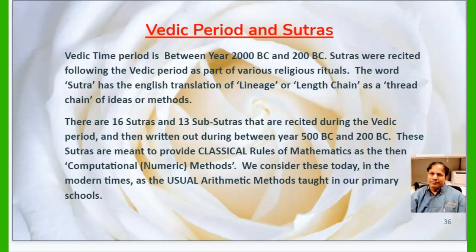These sutras are meant to provide classical rules of mathematics, what is now called computational methods or numeric methods. We use these methods in modern times as the usual arithmetic methods taught in our primary schools.